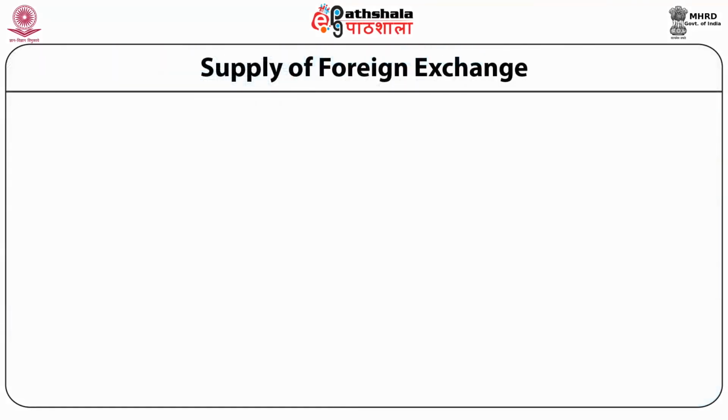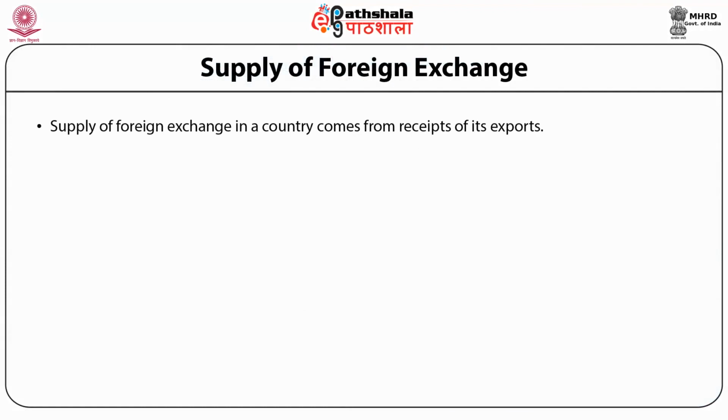Supply of foreign exchange. Supply of foreign exchange in a country comes from receipts of its exports. The receipts of foreign currency are recorded in the receipt side of the balance of payments.